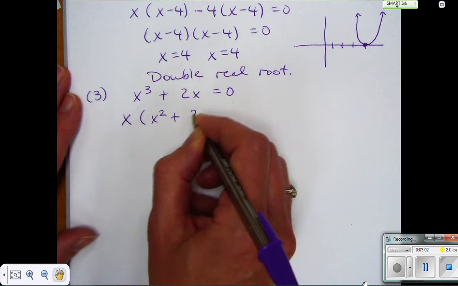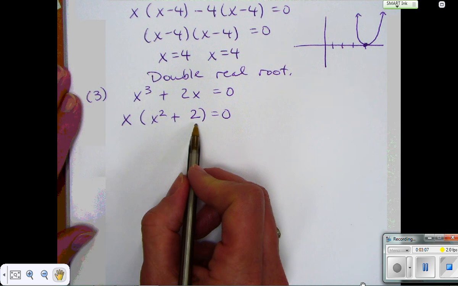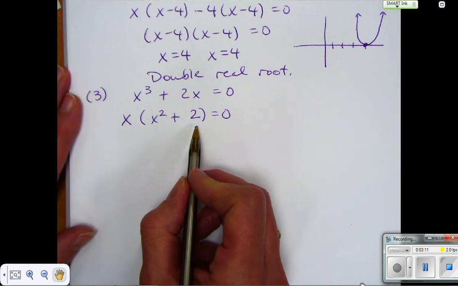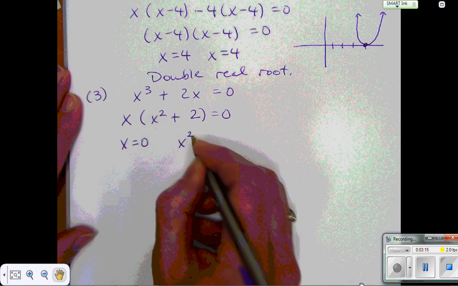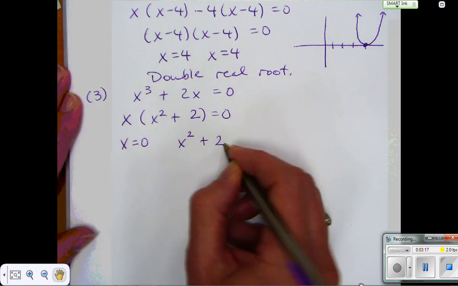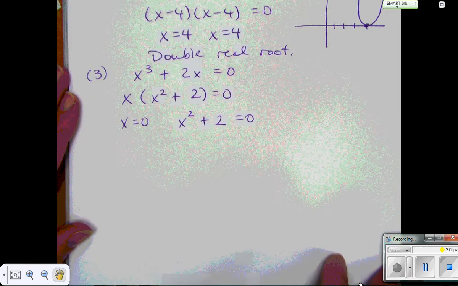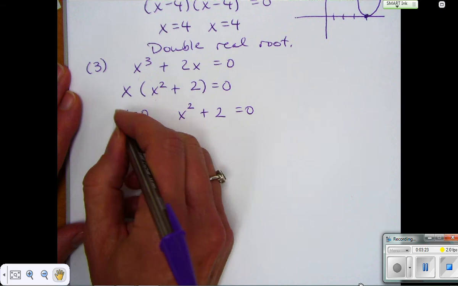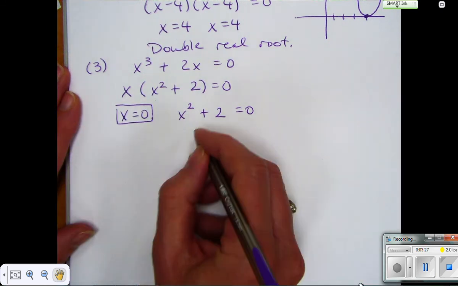Since I have a squared term and a constant inside the parentheses, I can set that equal to 0 and use the square root property. But that's only when it's a squared term. You can't use the square root property if you have an x to the third or any other exponent. This one's already solved for x. It's equal to 0. For the x squared plus 2, I have to subtract the 2 and then take the square root.